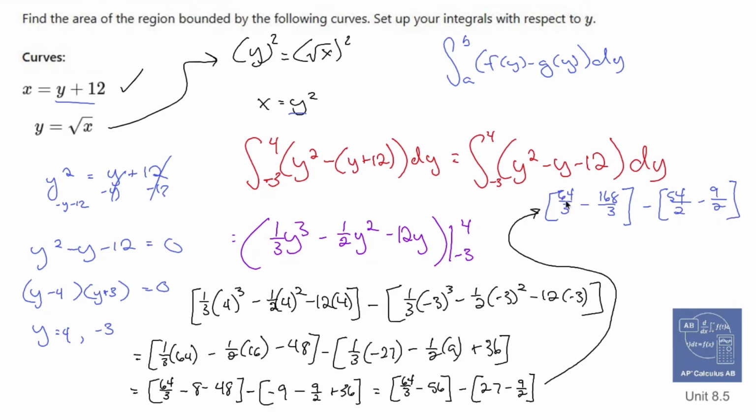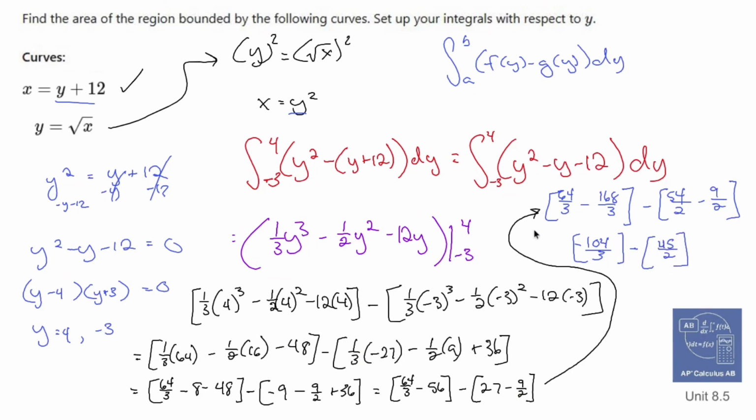Okay, 64 minus 168 is negative 104 thirds. Does that simplify? No, it does not. Minus 45 halves.